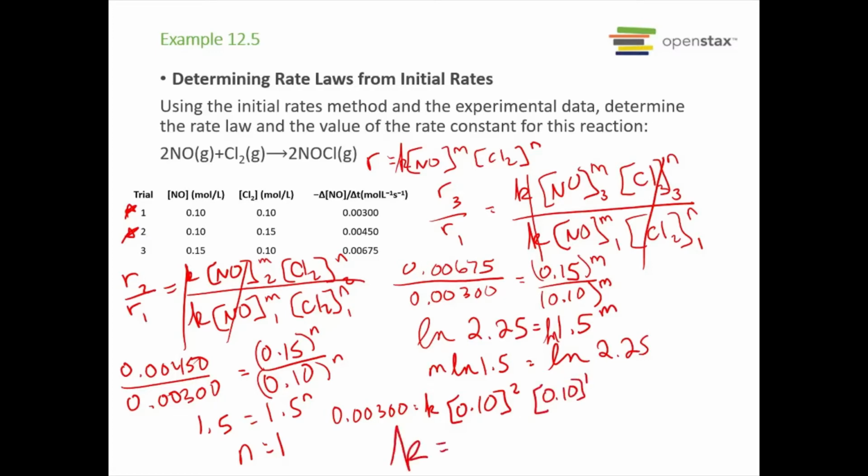So K is equal to 0.00300 over 0.10 squared times 0.10 to the 1. So that's also 0.10 to the third.